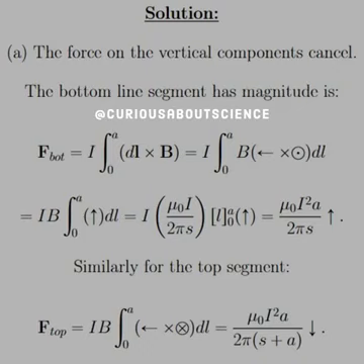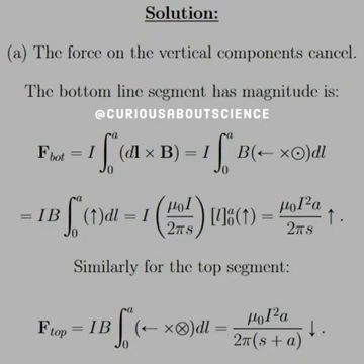The bottom line segment has a magnitude of the force bottom equal to I, integrated from 0 to A, because that's the length of the loop, of dl cross B. We know that since we have a cross product, we need to take into account just the directions, which is why we drew the diagram to help you identify them. And we see that we have the magnitude of the magnetic field that comes out of the cross product and the magnitude of the differential line element, dl. But we know that dl is running from right to left, so that arrow points left, and the magnetic field is pointing out of the page.